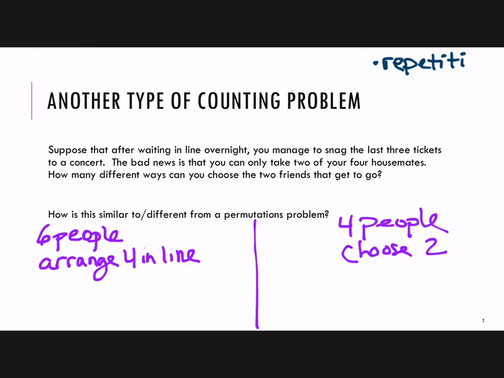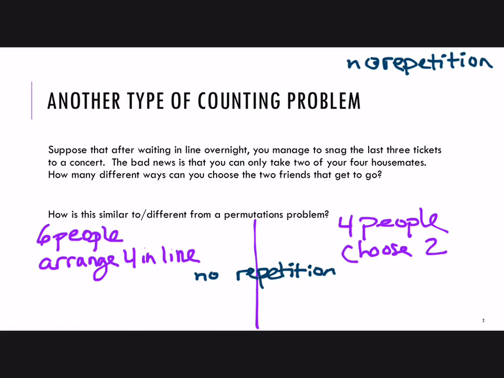We need to make sure that there's actually no repetition. Here again we have a problem dealing with people, so we are also not using repetition. If we choose somebody to stand in line or choose somebody for one of those tickets, then that person won't be repeated for the next ticket or the next spot in line. So both of these problems don't use repetition.